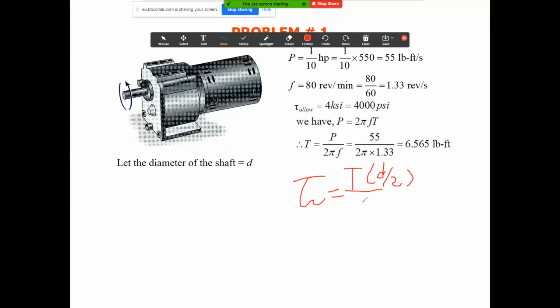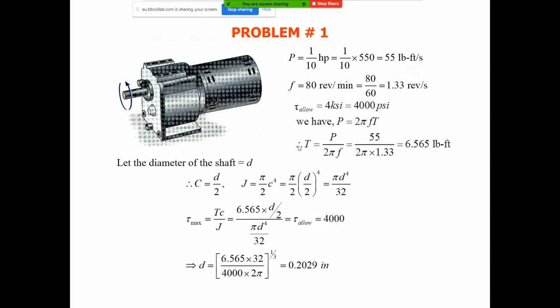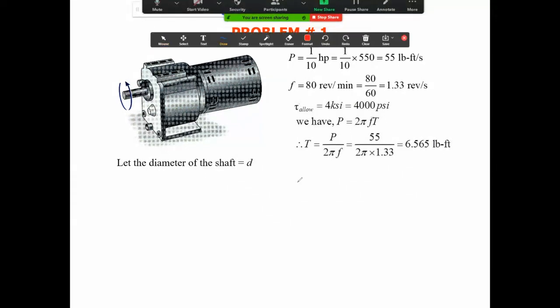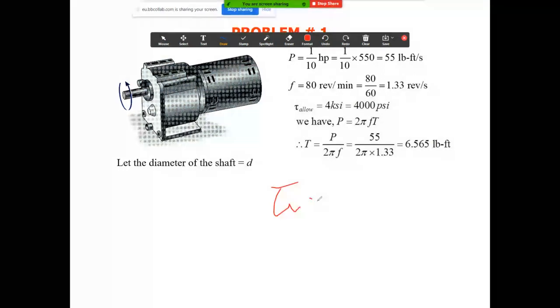This is, I don't know it. Divided by J, if you remember, it will be pi over what? I don't remember. Can you tell me what is the J for the shaft? It is pi over 2 C to the power 4. Okay. So it will be like that. This is the tau.